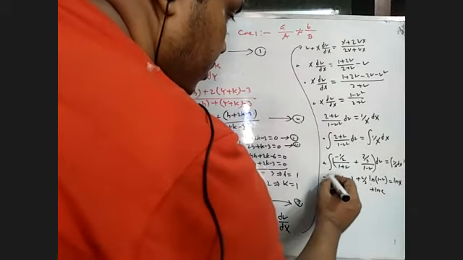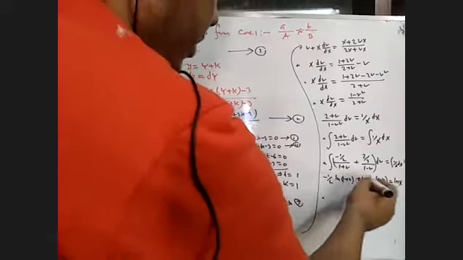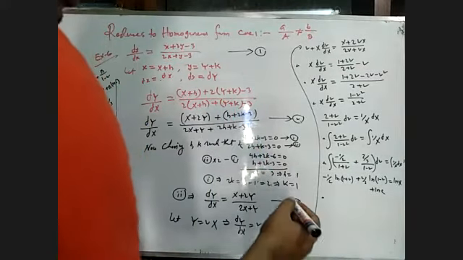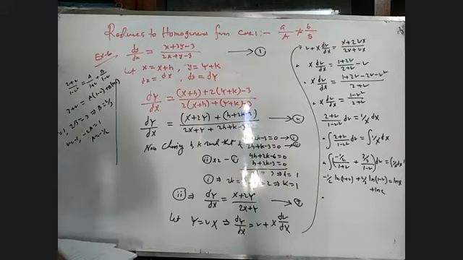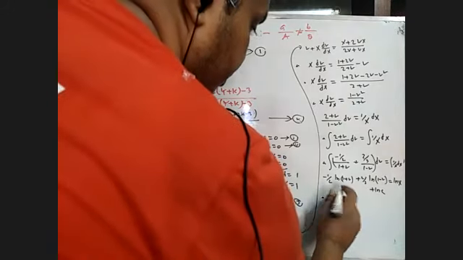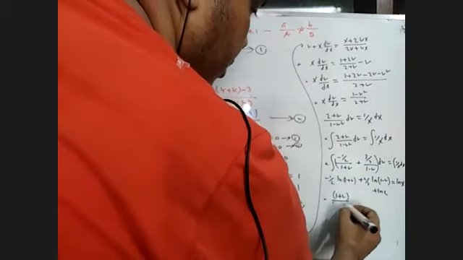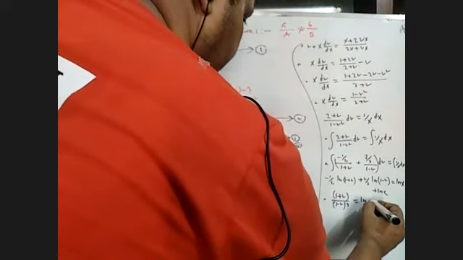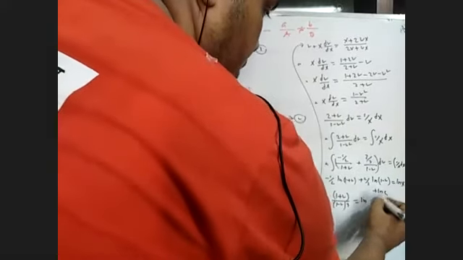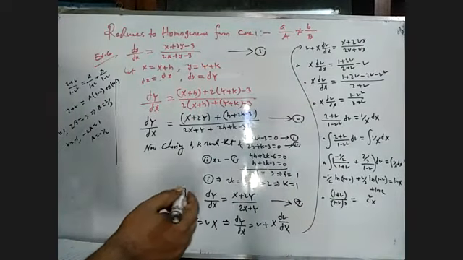Multiplying by 2 on both sides, we can write ln of (1 plus v) divided by (1 minus v) whole cube equals ln of c squared X, after multiplying by 2. Then removing ln from both sides.